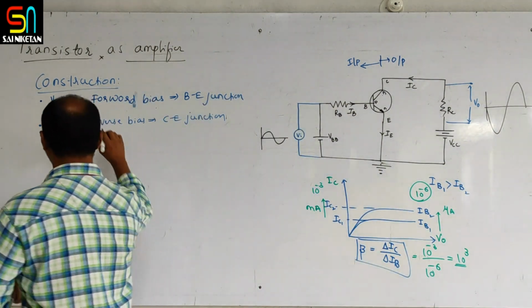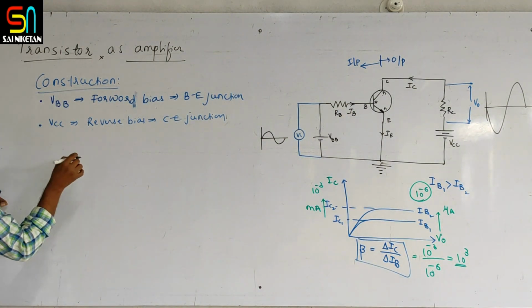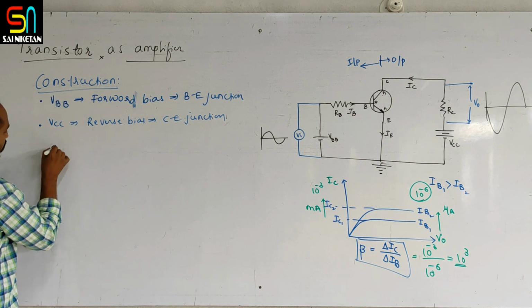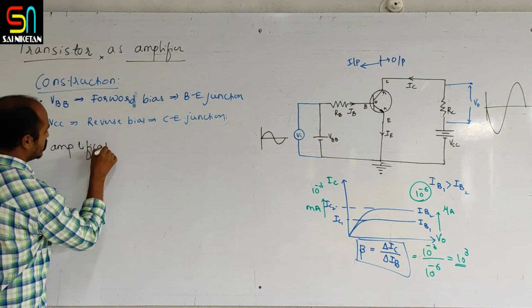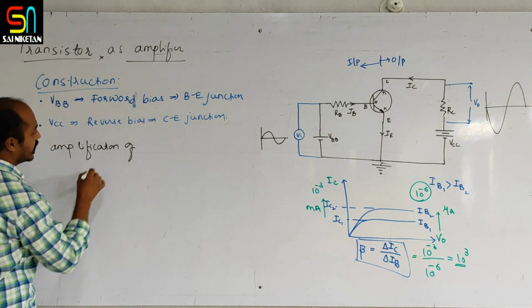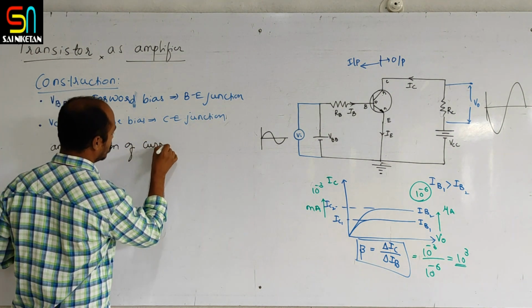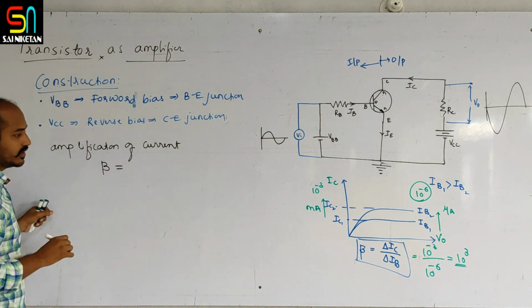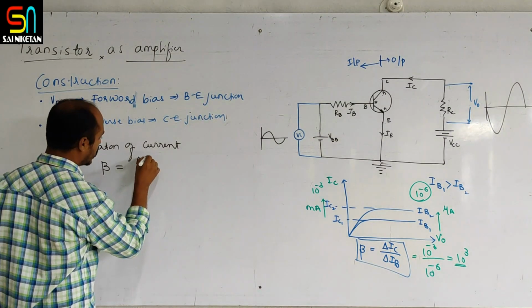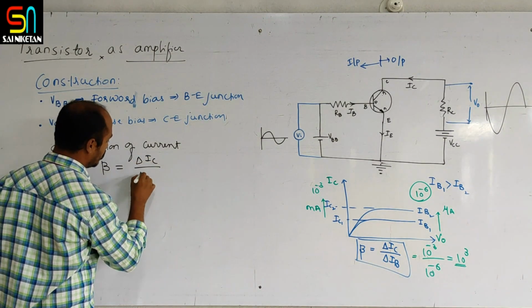As per the relation, that is amplification, or you can say increment of current, that is beta is equal to, we already know this formula, output current divided by input current.